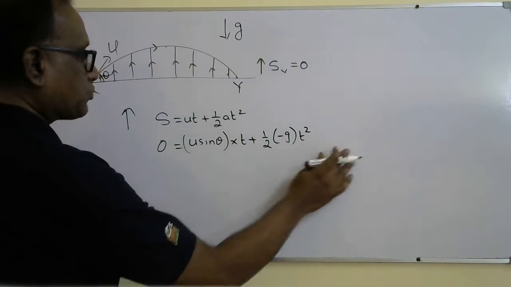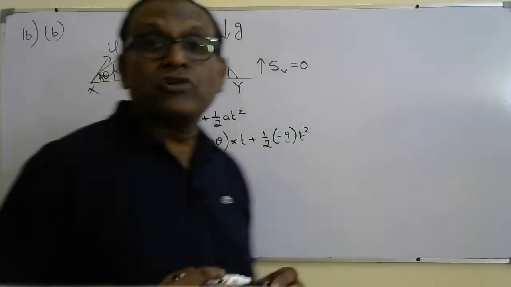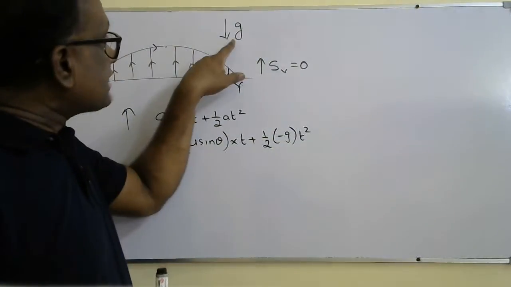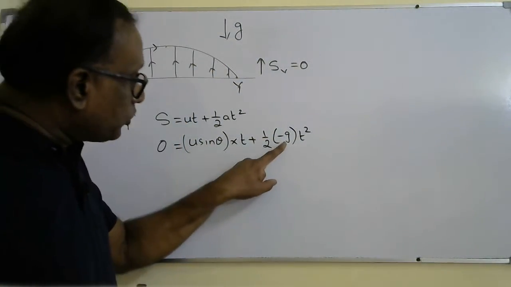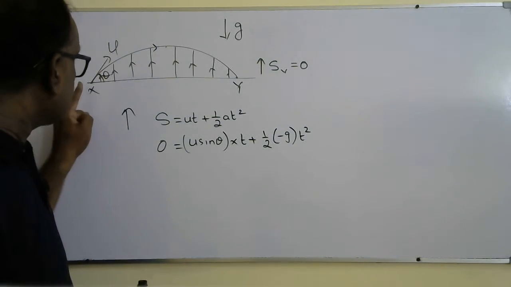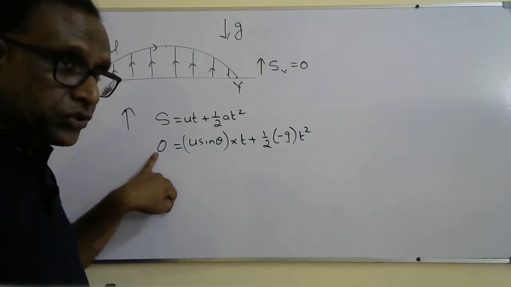Here we divide the whole equation by t, then we solve and get the time for the whole motion. Understood? Here it is important: the acceleration is vertically down, so we put minus g when we consider displacement in the vertical direction upwards for the whole motion, but that is equal to 0.